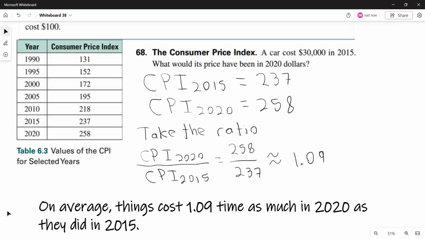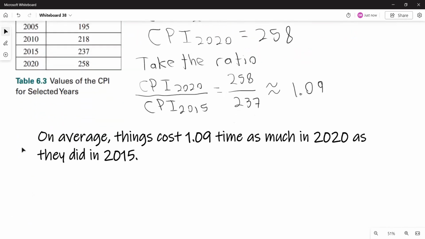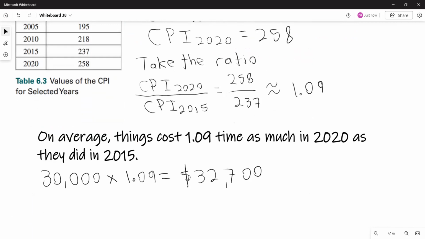So this particular car that cost 30,000 in 2015, in 2020 cost 1.09 times as much. Okay, so we're going to multiply 30,000 by 1.09. And this is going to be 32,700. So the price would have been that in 2020 dollars.